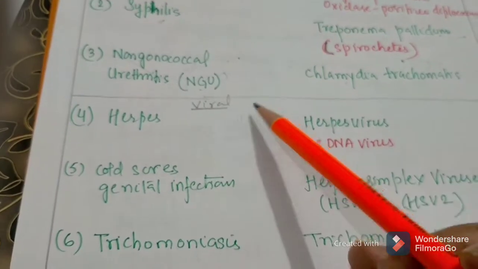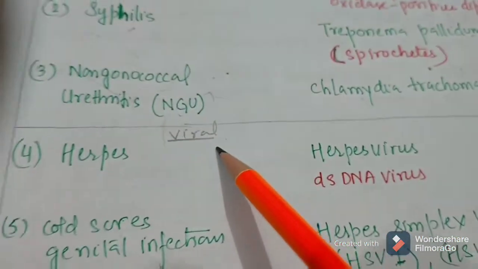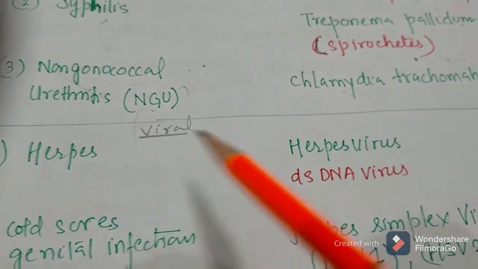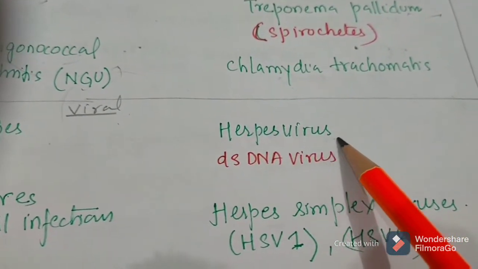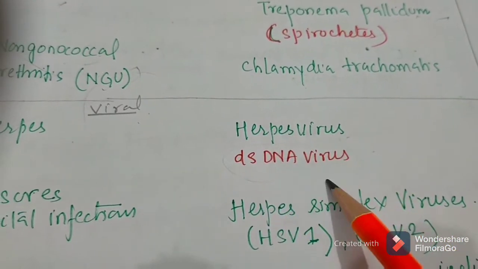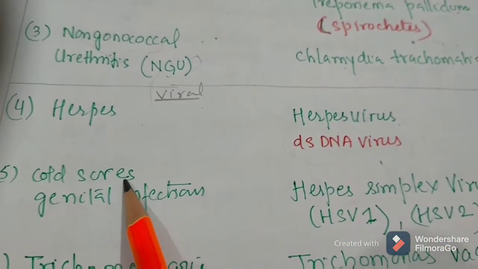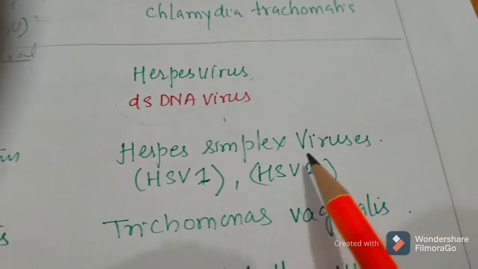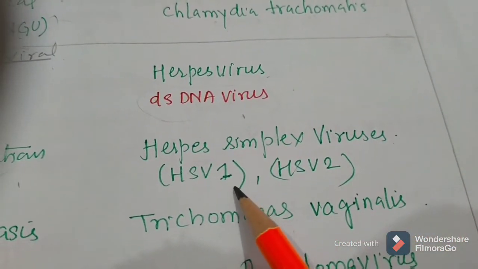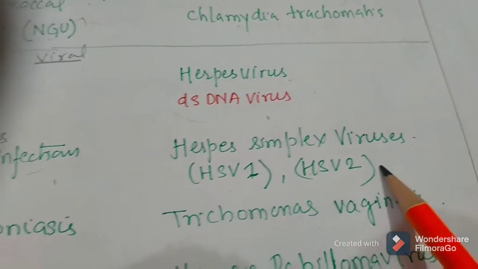Now some of the viral sexually transmitted diseases are herpes infections, caused by herpes virus, a double-stranded DNA virus. Then cold sore and other genital infections are caused by herpes simplex virus, which can be HSV1 and HSV2.